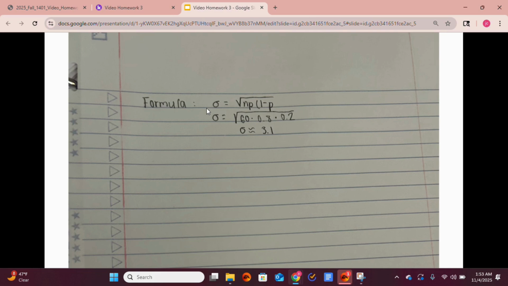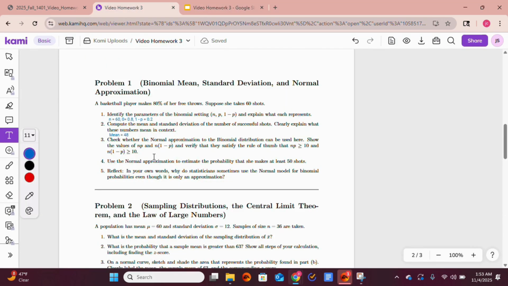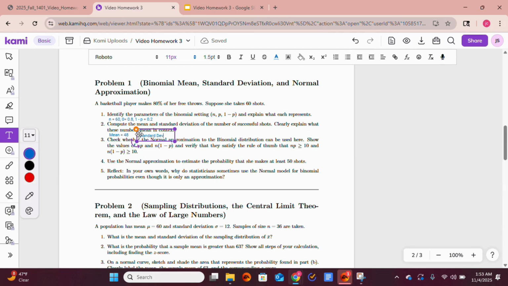Then when we solve, we get the standard deviation is approximately 3.1. All in all, this tells us in most cases she'll make about 48 shots, give or take about 3.